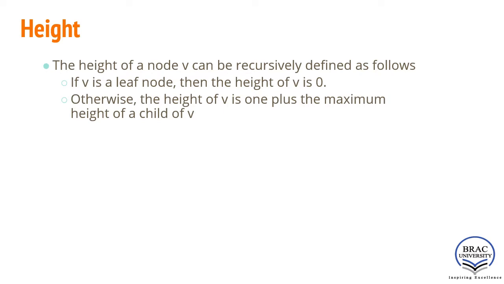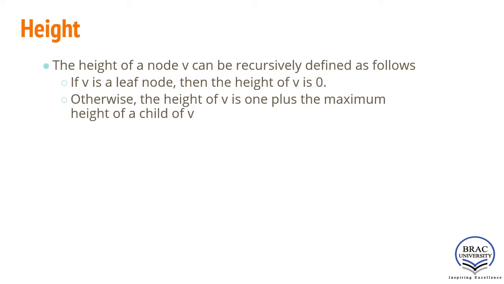Be careful. In my previous lecture, I asked the question of height of a tree. But as we can calculate the depth of a node, the height of a node also can be calculated. Now the question is, what is the height of a tree?